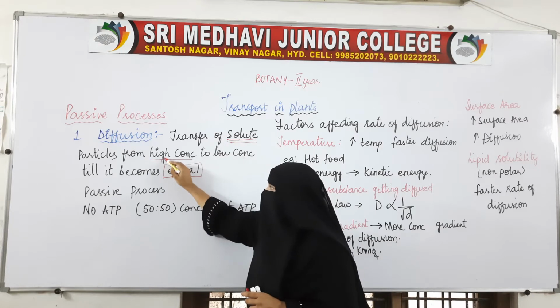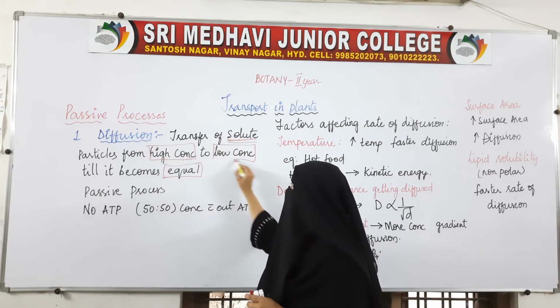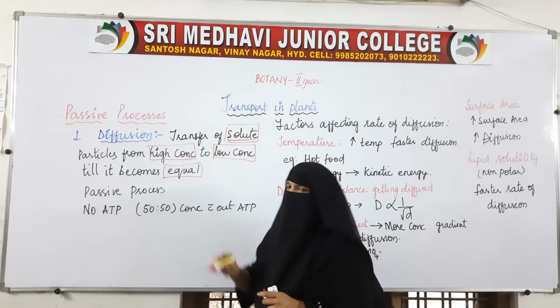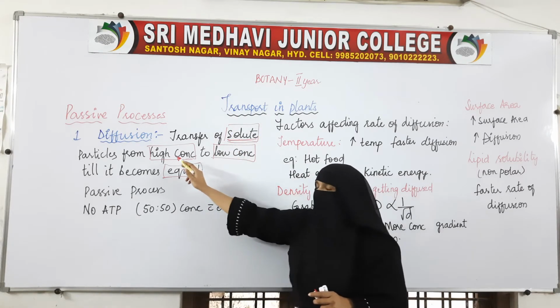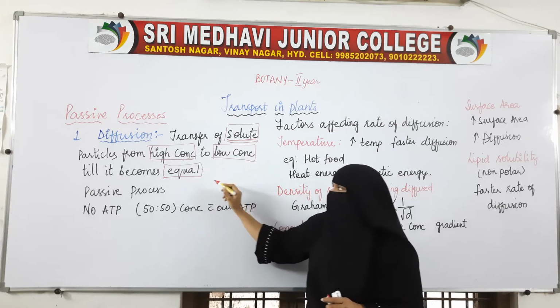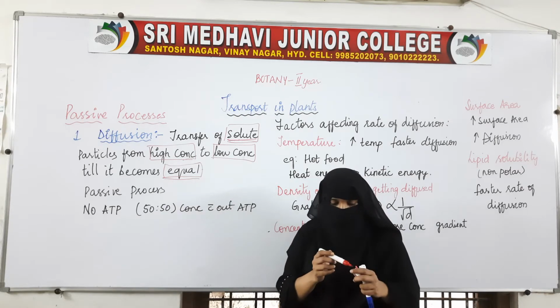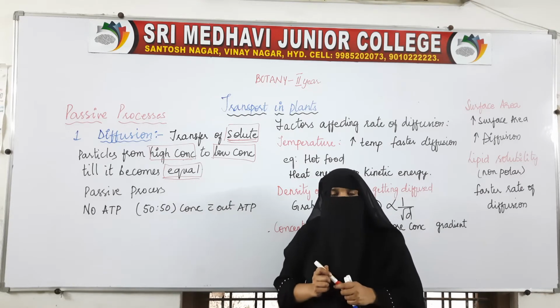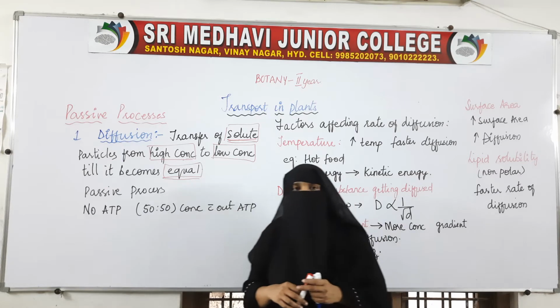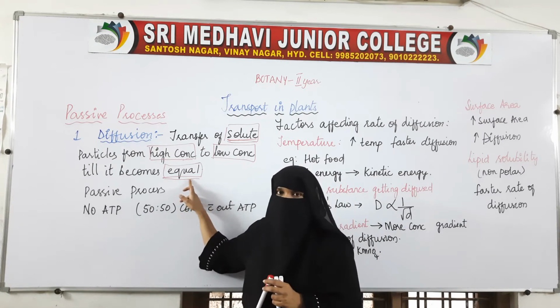From high concentration to low concentration, and this transfer takes place till the concentration becomes equal at both the sides. So that process is called diffusion.